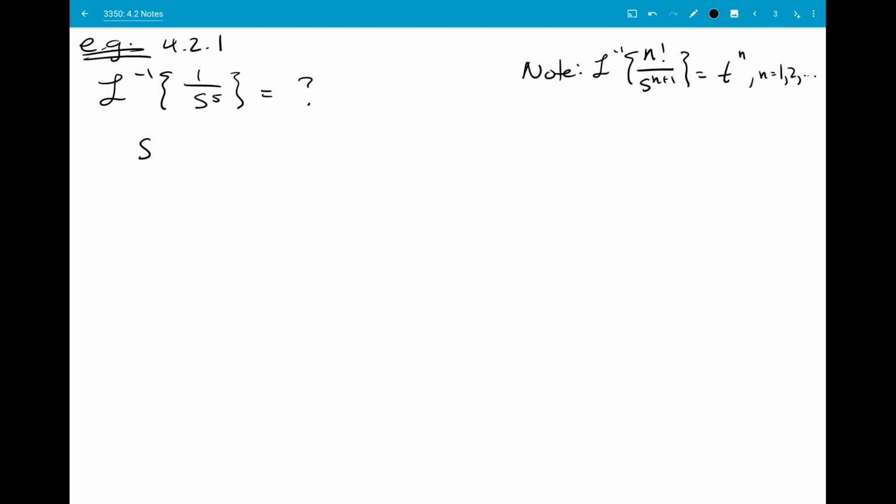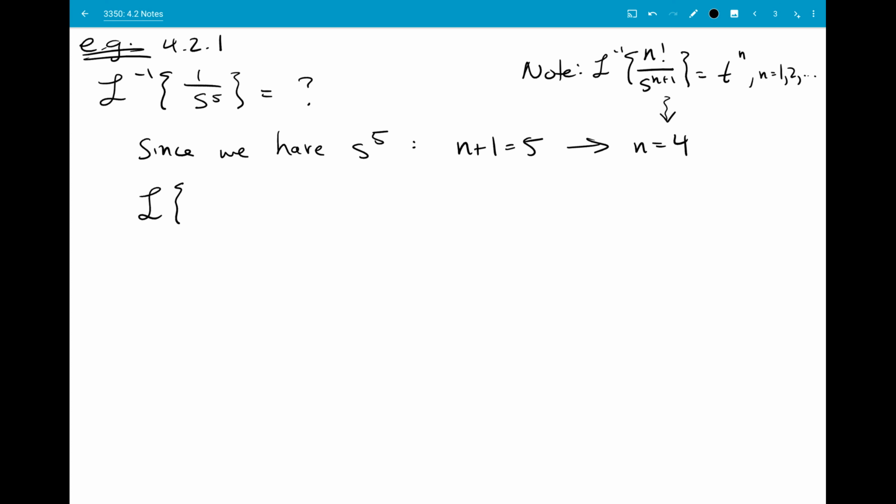So since we have s to the fifth appearing for us, n plus 1 being 5 would mean that n is equal to 4 in that formula. So if we have something like 1 over s to the fifth, it means that we plugged in n equals 4 to that inverse Laplace table.